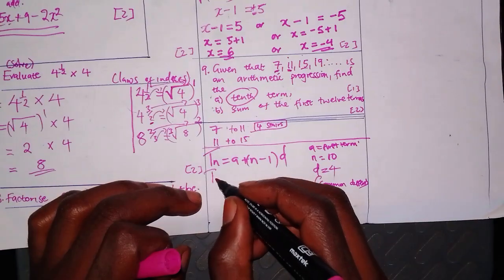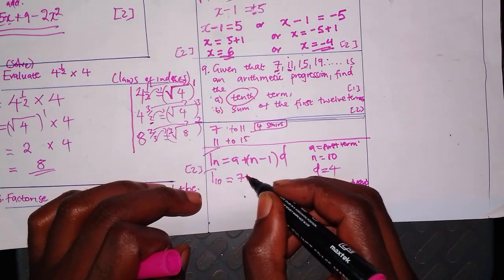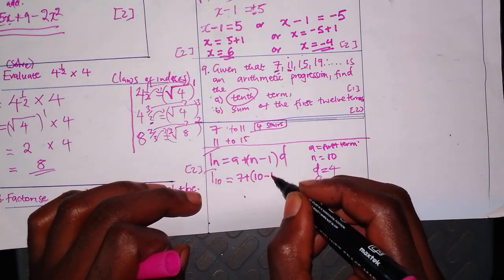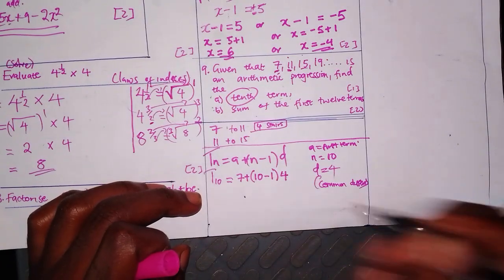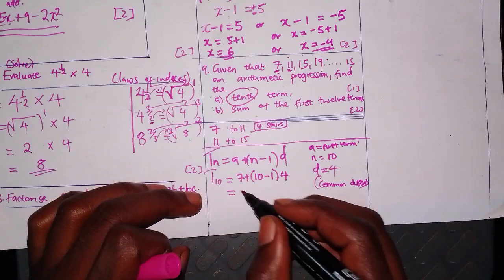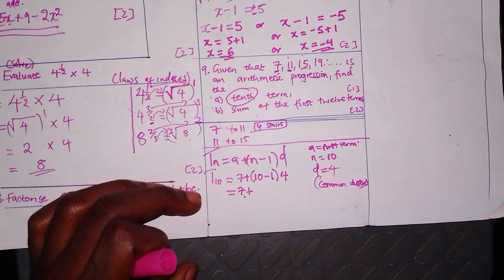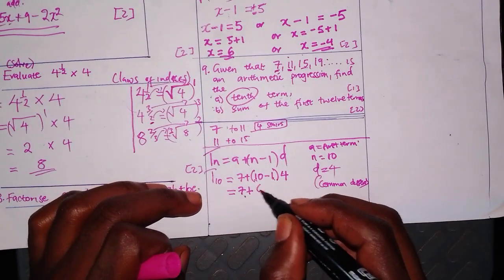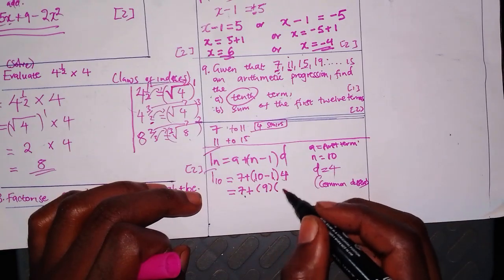So you say t 10 equals a, our first term, plus n, the term we are calculating, which is 10, minus 1, times d, our common difference. Then here you say 7 plus 10 minus 1, times 4. Start with what is in the bracket. 10 minus 1, we have 9 times 4.